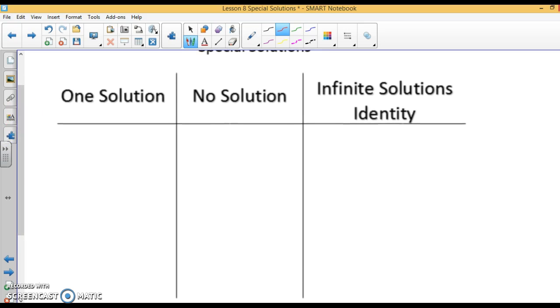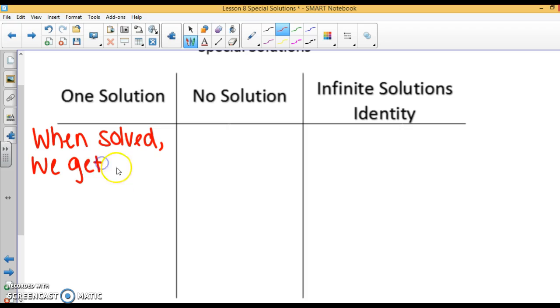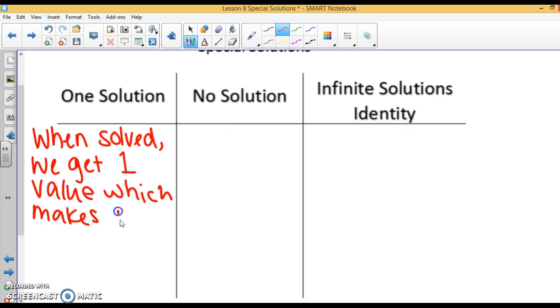Under one solution, we're going to say, when solved, we get one value which makes the equation true.